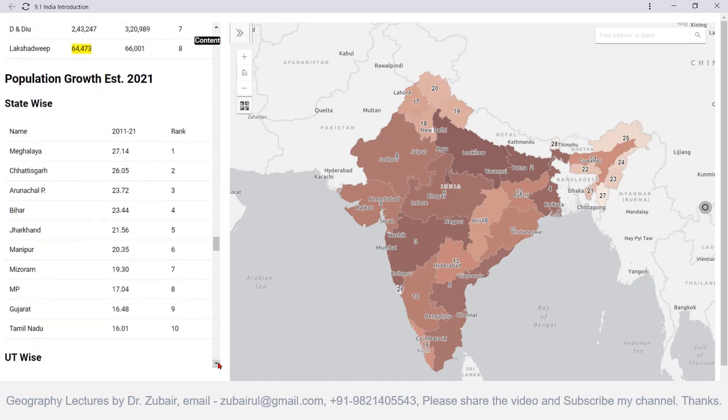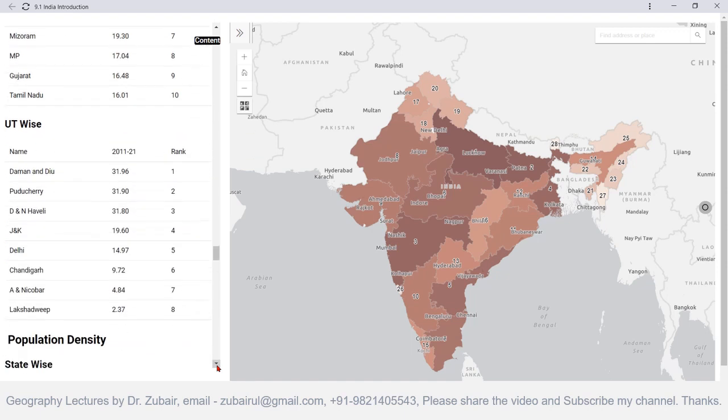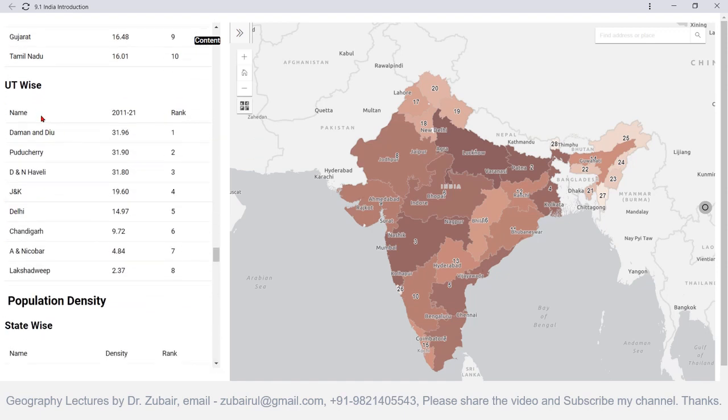In terms of population growth, Meghalaya is at number 1, and this population growth is from 2011 to 2021. So Meghalaya is number 1, then Chhattisgarh, then Arunachal Pradesh, then Bihar. In population growth in Union Territories, Daman and Diu has the highest, 31.96, first rank.